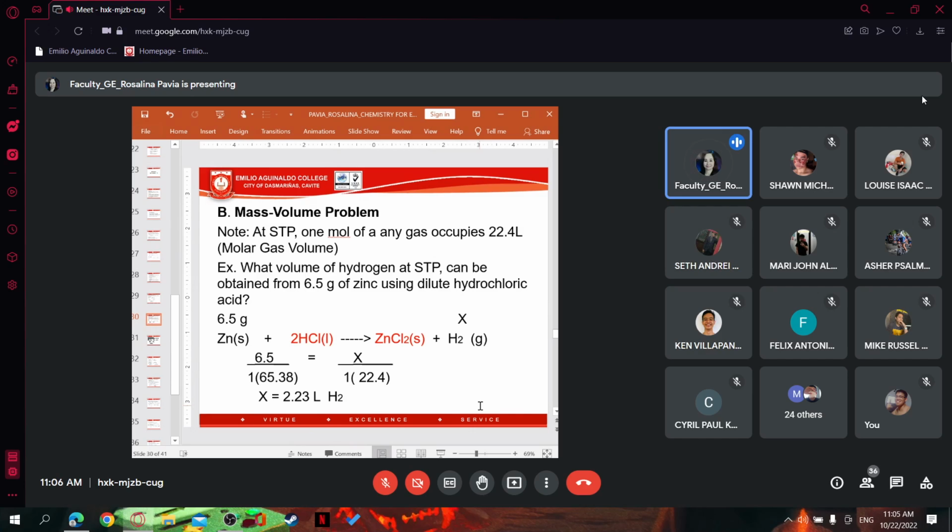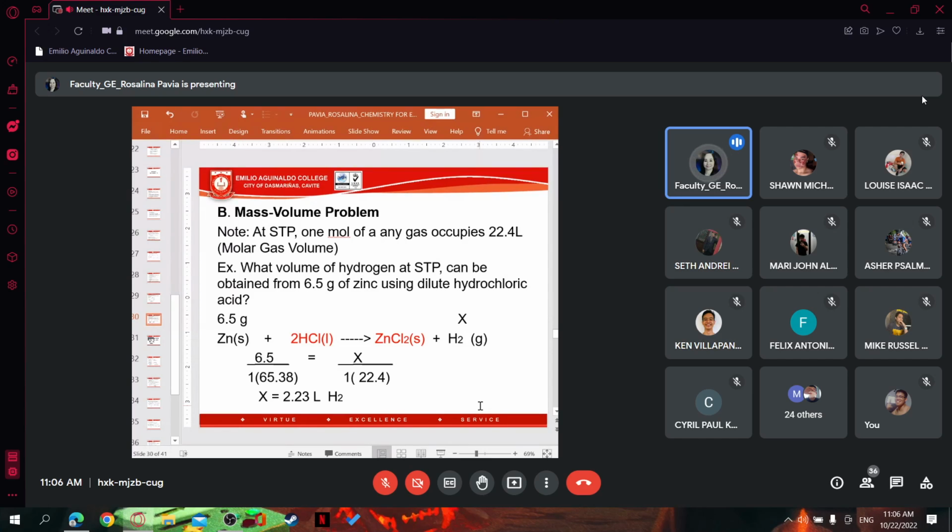Okay. Now, the same thing, we have to follow the rules, but this time, we will be considering mass and volume. Mass for the given, kasi 6.5 grams, and volume is being asked for hydrogen gas.